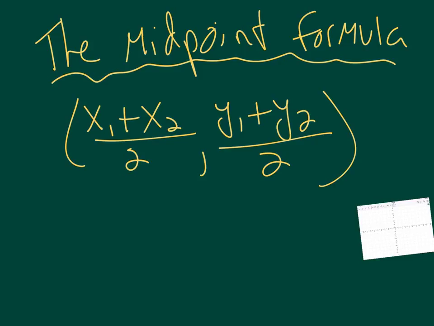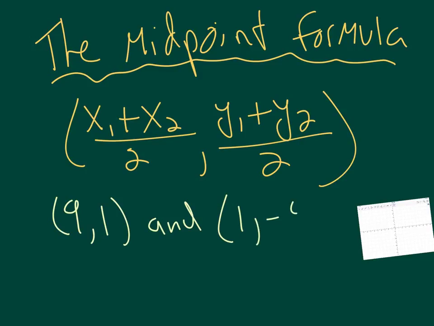So let's say we have a point 9, 1, and then I have a point 1, negative 4. If I want to find the midpoint between those two points, you could use a graph. Let's go ahead and plot those so you see what I'm talking about.